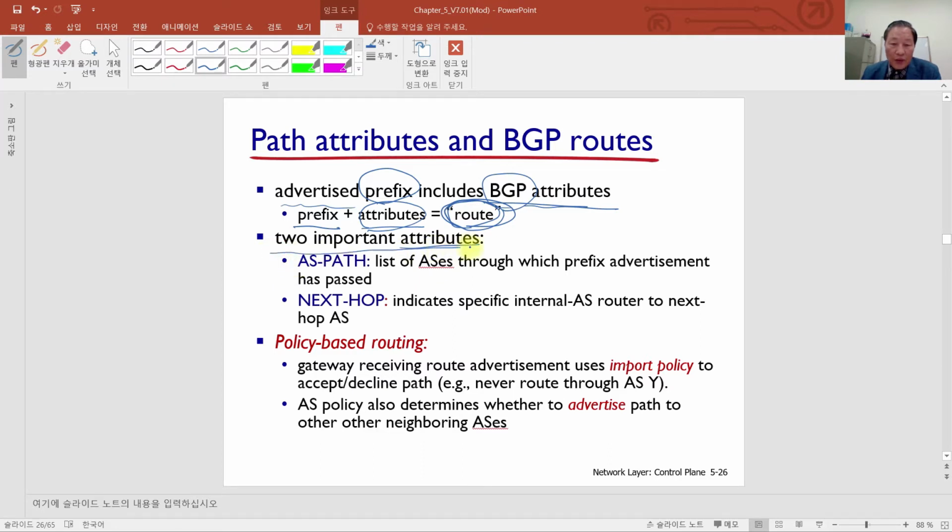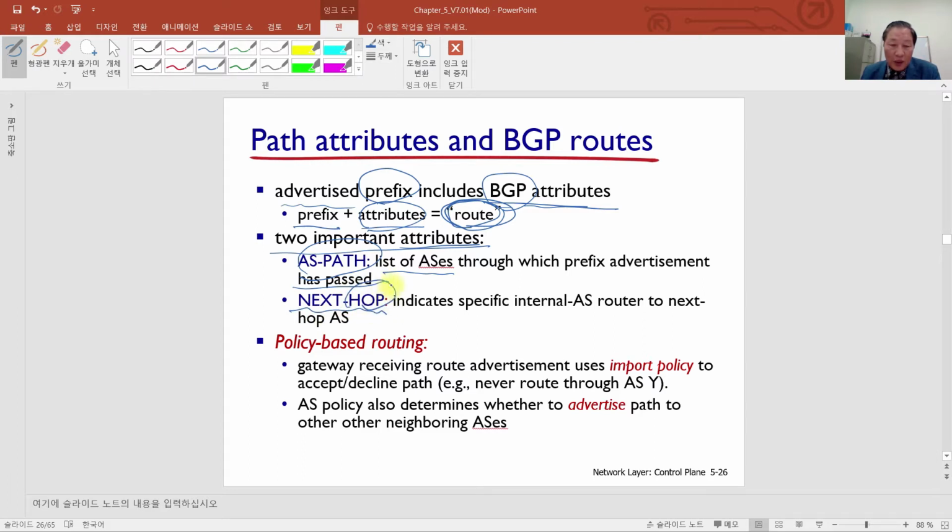Here, let's look at these attributes, even though this one is explained in the video clips by the author. AS-PATH is the list of ASs, autonomous systems, through which the prefix advertisement has passed. And I'll show you that example later in the next slide. The next type is NEXT-HOP.